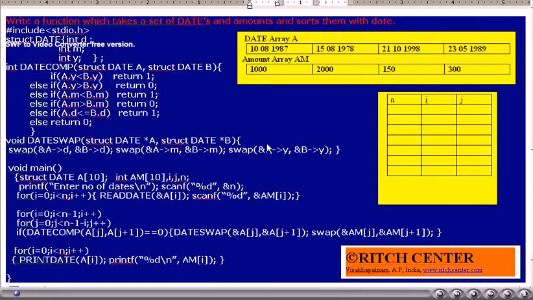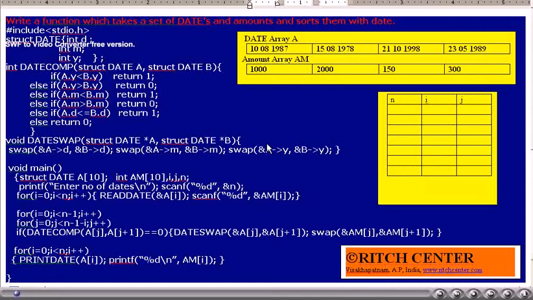To achieve this, the function is written in such a way that it takes the addresses of two date type variables and then exchanges their values. Internally, this function uses the swap function, which was discussed in earlier examples and takes the addresses of two integer variables and exchanges their values.